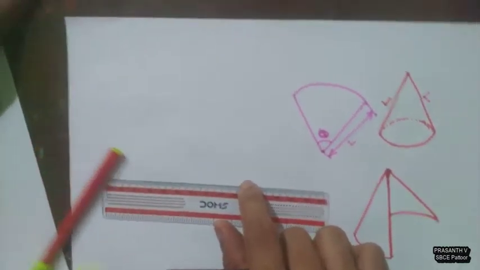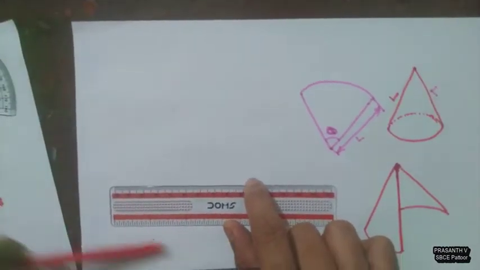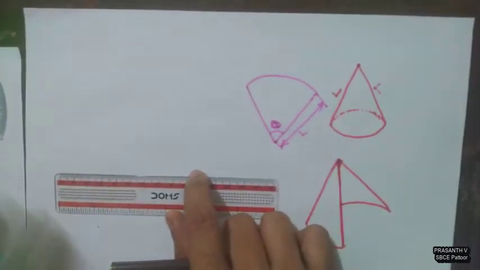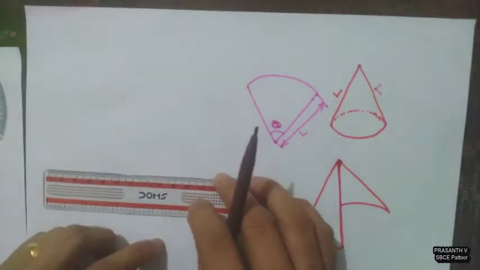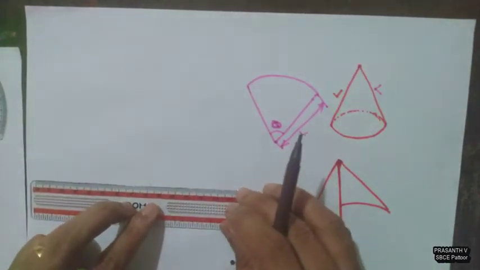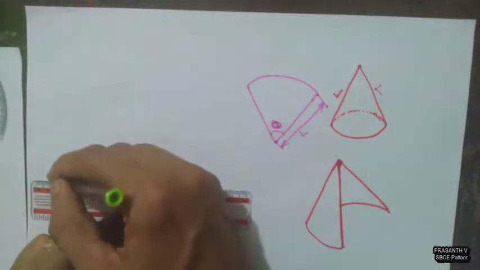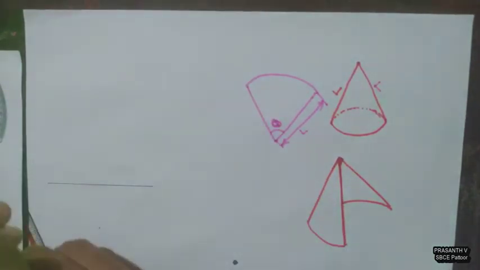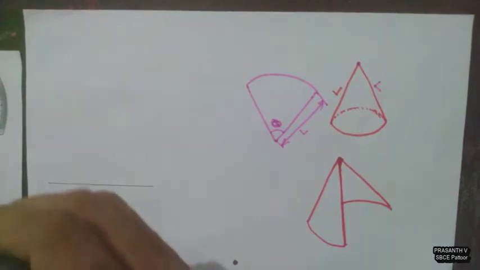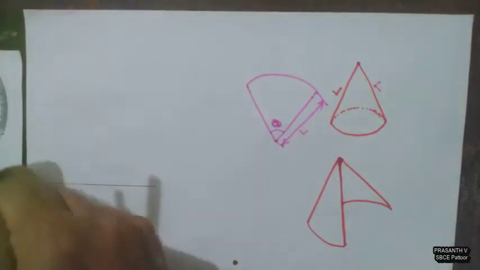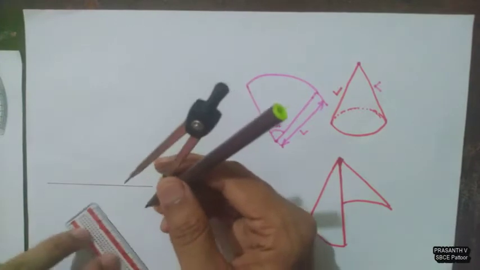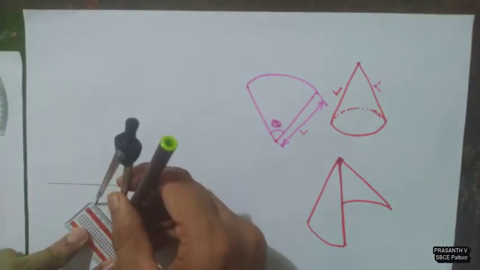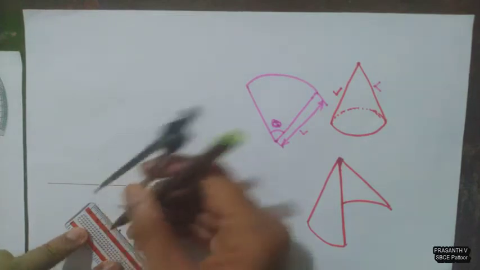Here also you have to draw the simple position of the cone, which is resting on HP with its base. Just draw the XY line. You know the diameter of the cone is 50 mm, so take the radius 25 mm to draw the circle in the top view.